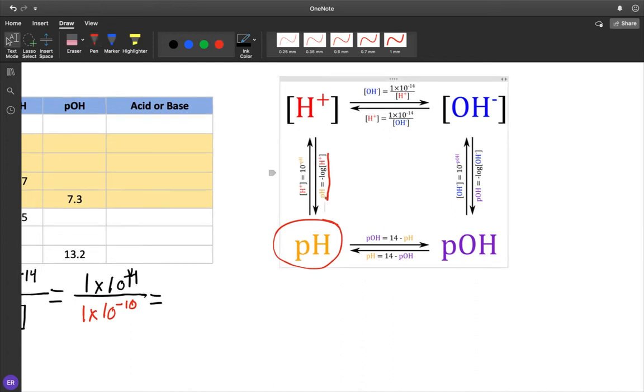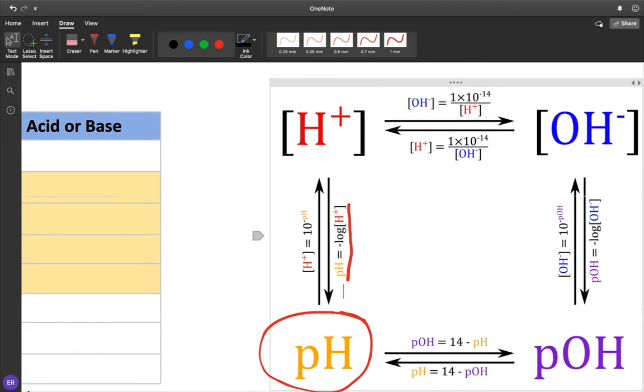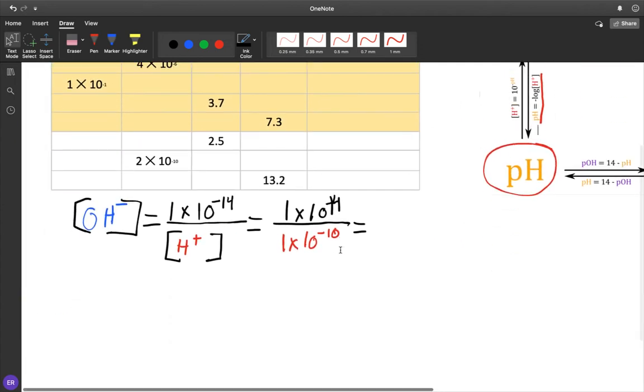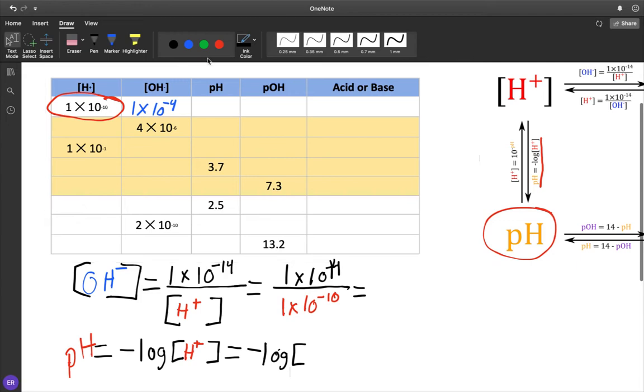If we zoom in and tilt our head a little bit, we'll see that in order to find pH, we need to take the negative log of our concentration. Let me write down the formula. So pH equals negative log of my H plus concentration. That means we're going to take the negative log of 1 times 10 to the negative 10.